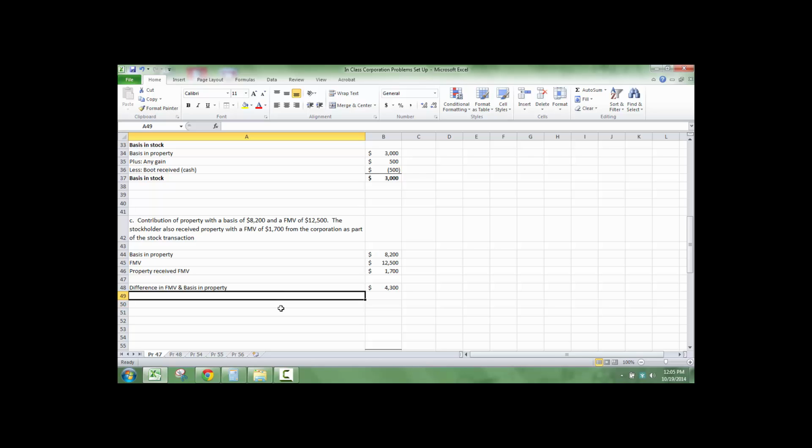So we've received property, gain to be recognized is the lesser of the difference in fair market value and basis in property and the property received, so we choose the smaller of these two numbers, which is $1,700.